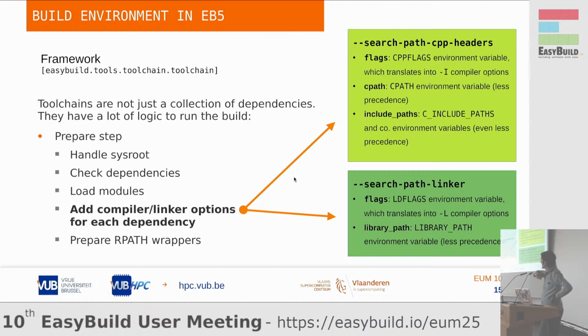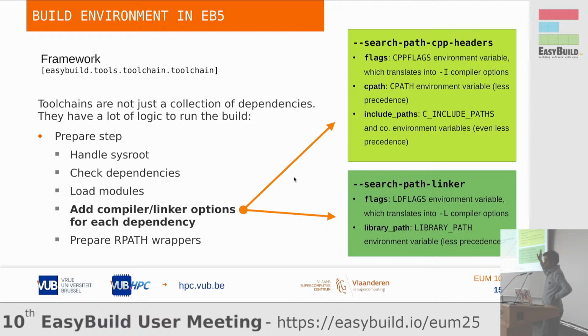But then, EasyBuild will generate its own linker and compiler flags, which means that EasyBuild will go through the dependencies, check all the include directories, check all the lib64 directories, and then generate a list out of that, and then inject that with different methods. In 4.9, there was just a single method, and it was through flags. So it was CPP flags, which is the preprocessor flags in the GCC compiler.